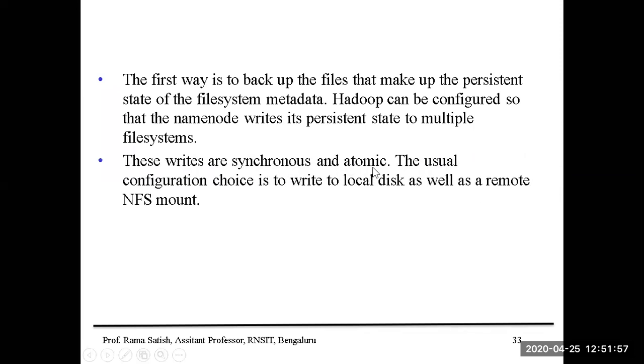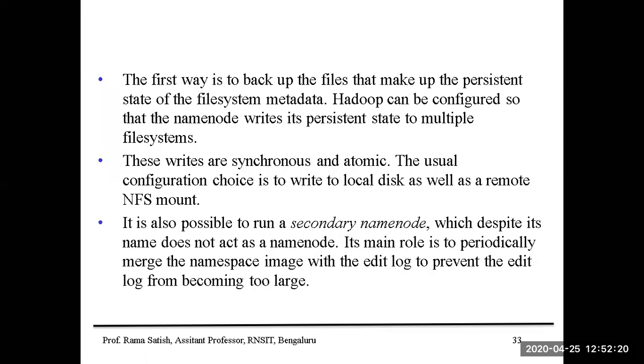These writes are synchronous and atomic. Usually the choice is to write to the local disk and a remote NFS mount. NFS is the network file system, another file system that is mounted, so it maintains a backup copy.